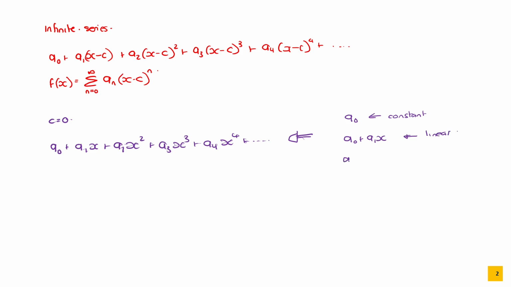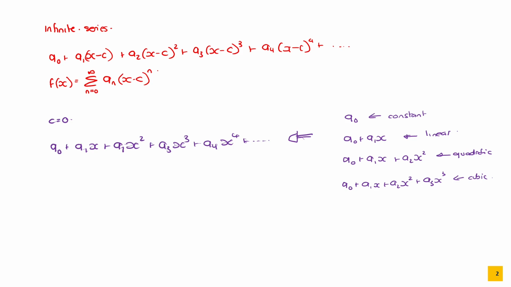And if you look at the next round, a0 plus a1x plus a2x squared, that's your quadratic function occurring. And if you go a little bit further, you have a0 plus a1x plus a2x squared plus a3x cubed, and that is your cubic. So this power series is giving you this polynomial kind of a representation for whatever function you have.